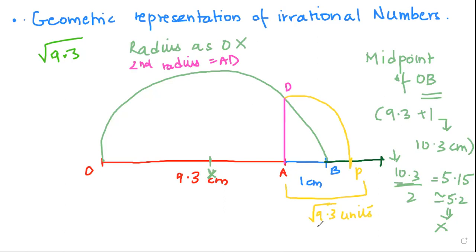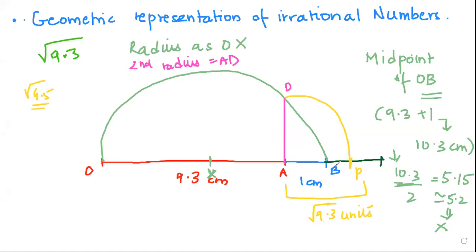Got it? Okay, I will repeat once you're done. Tell me, I'll repeat the steps in case you want to write it down somewhere. Okay, so first thing you do is whatever value is given to you, you draw a line, measuring that distance. Suppose I give you root 4.5. So you take 4.5 units on your scale, you draw a line.